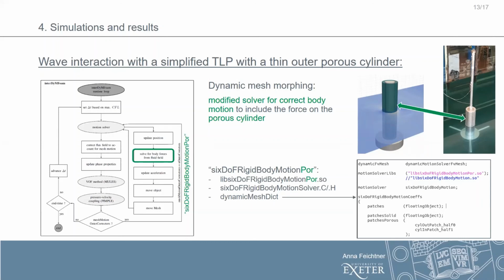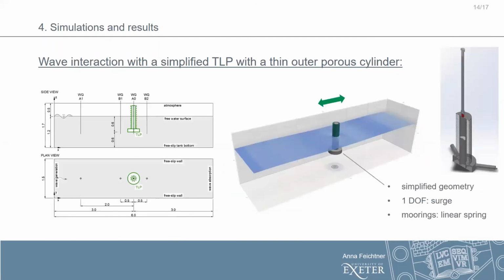Therefore, some extra specifications in the dynamic mesh dict had to be applied. And currently, I'm in the process of validating this modified and custom solver for this simplified model of a TLP, because these are preliminary models.